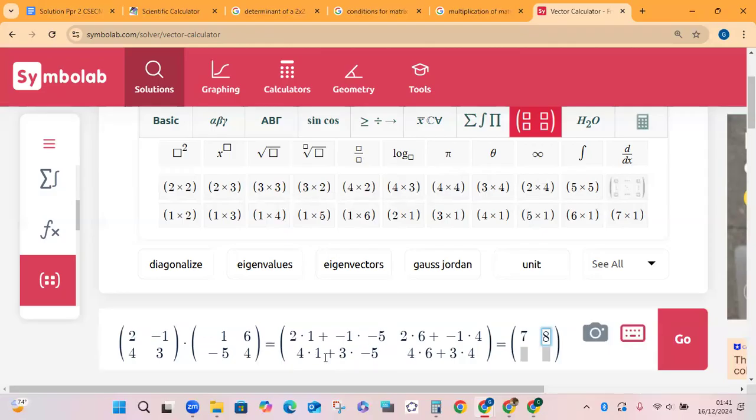So you have a 4 and a -15. That will give us -11. 4 sixes are 24. 3 fours are 12. So 24 plus 12 is 36. And that's the answer.